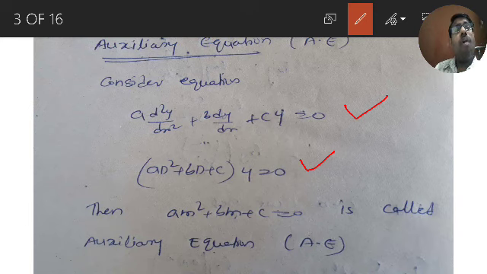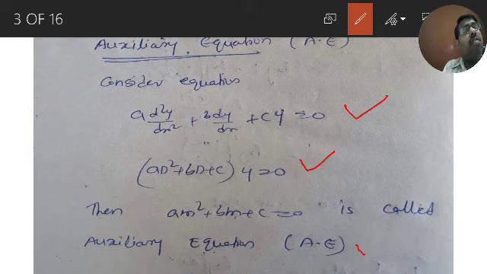In the operator form, what is the operator? D. In place of capital D, put M. So what will we get? (a M square plus b M plus c) of y; remove the y. So a M square plus b M plus c is equal to 0 is called the auxiliary equation. Very simple thing I am telling.